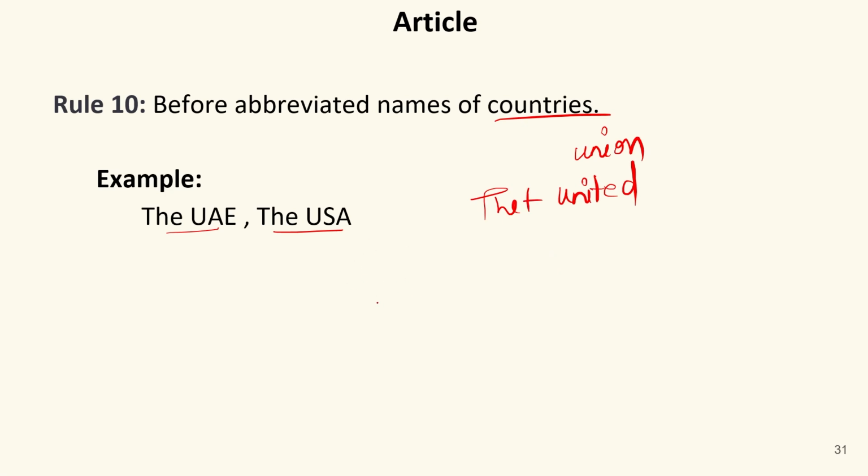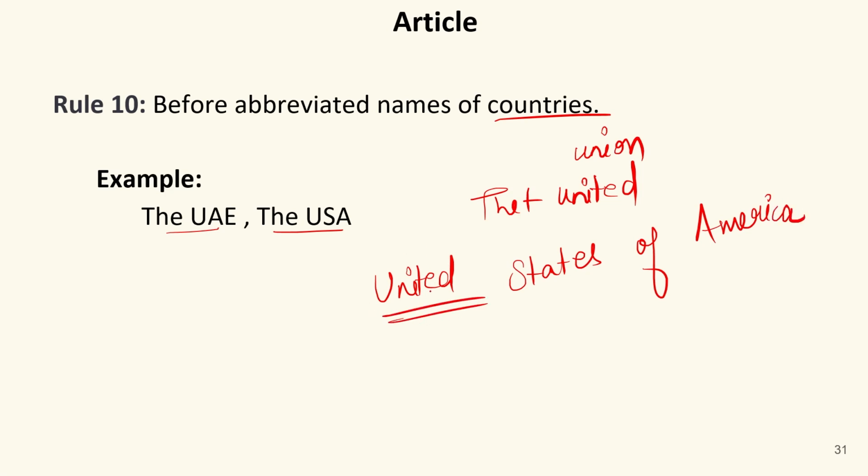Now, if I write USA, like United States of America, here we have a word united. So with this word united, we use the. If the word Soviet is there or Republican is there, there also we use the.